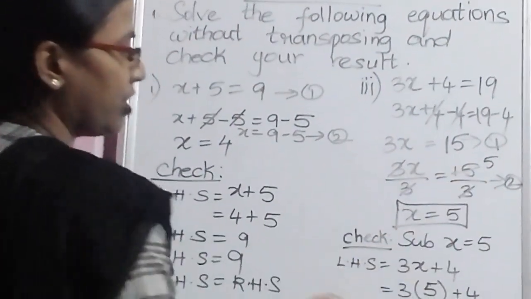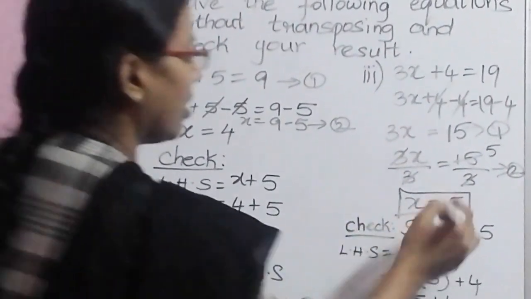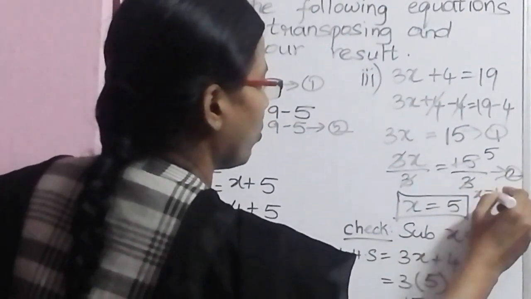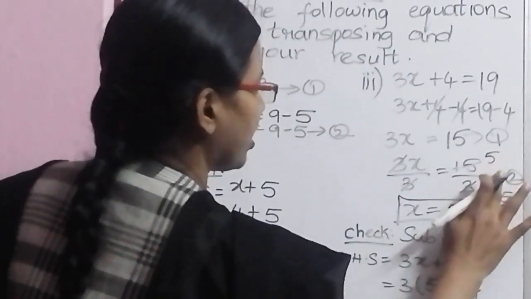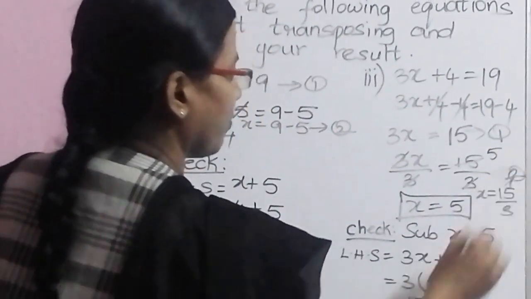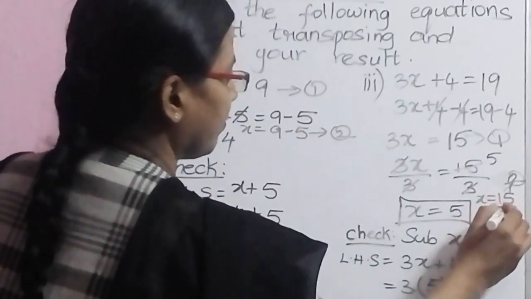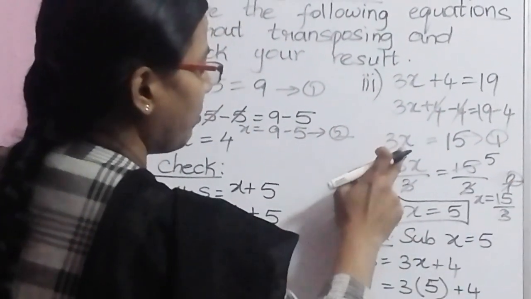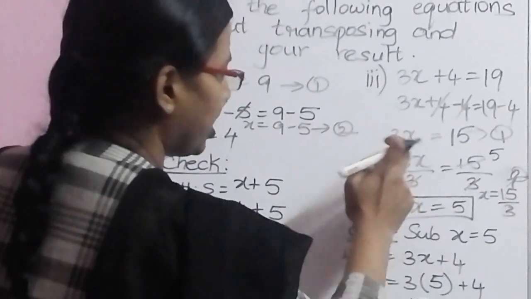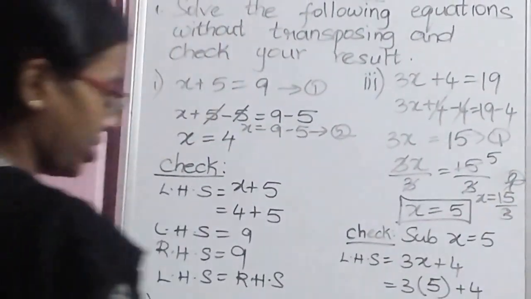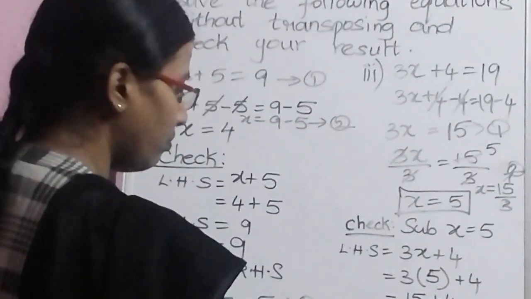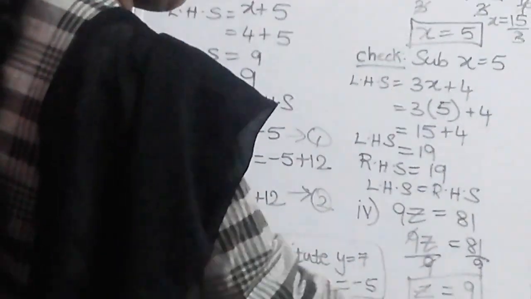This became division. I need to write one more step. This is x is equal to 15 by 3. This is the second statement. 15 by 3. So multiplication became division. See here, multiplication is there. When it goes to the other side, it became division.